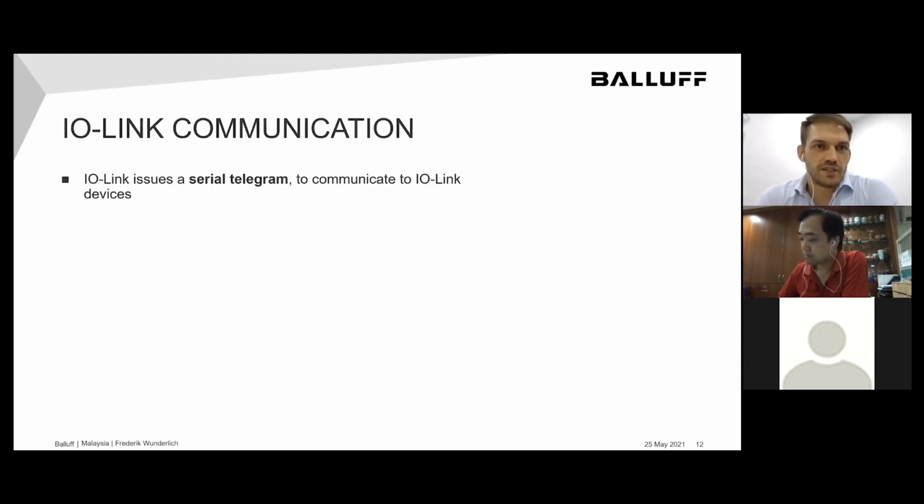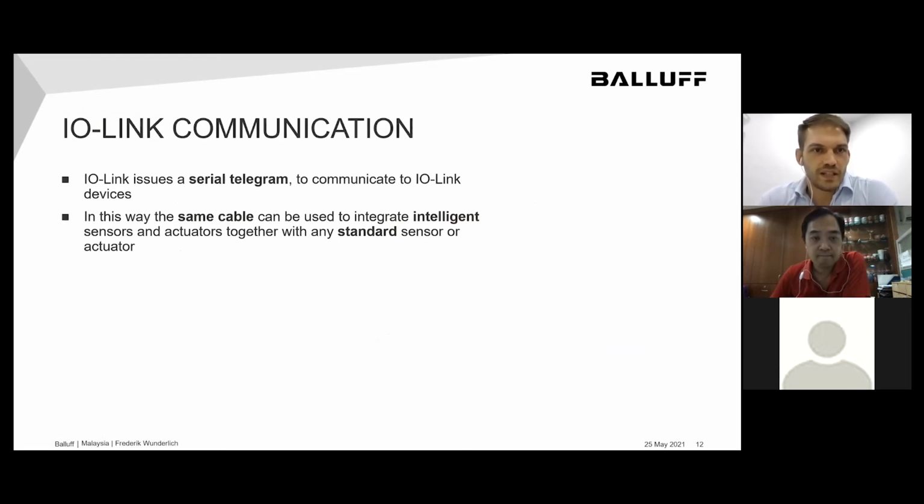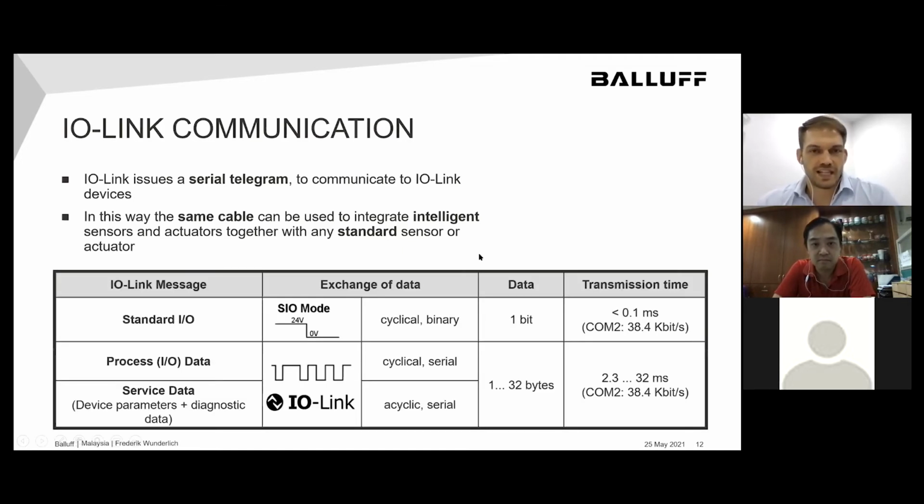So IO-Link issues a serial telegram to communicate to IO-Link devices. And in this way, the same cable can be used to integrate intelligent sensors together with any standard sensor. To understand this a bit better, I've created this table.